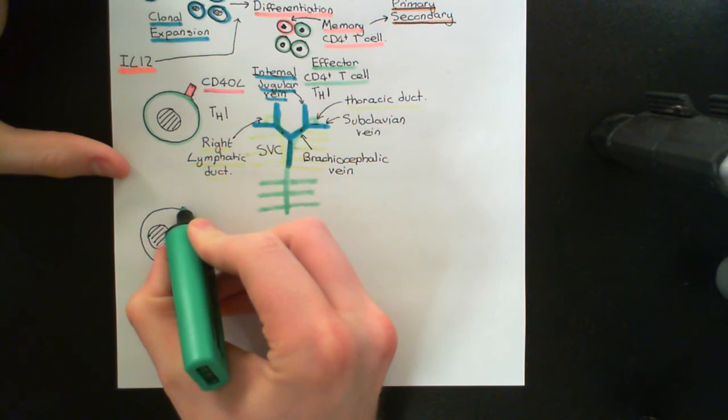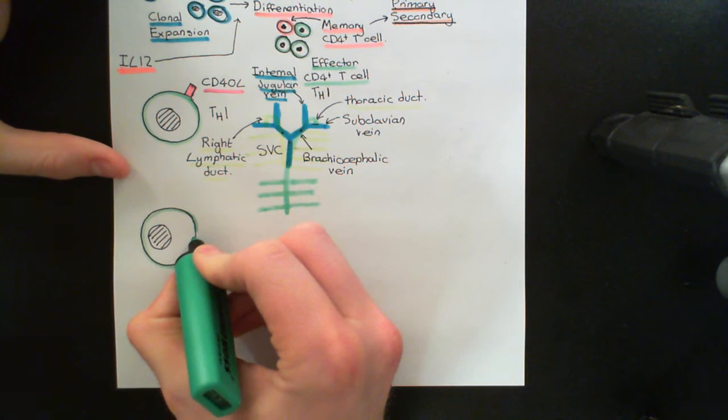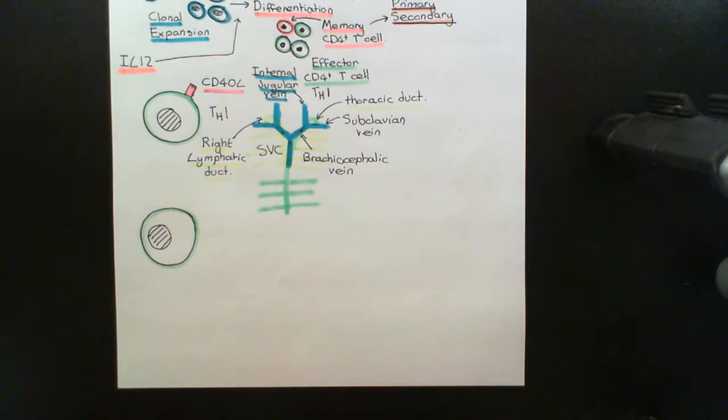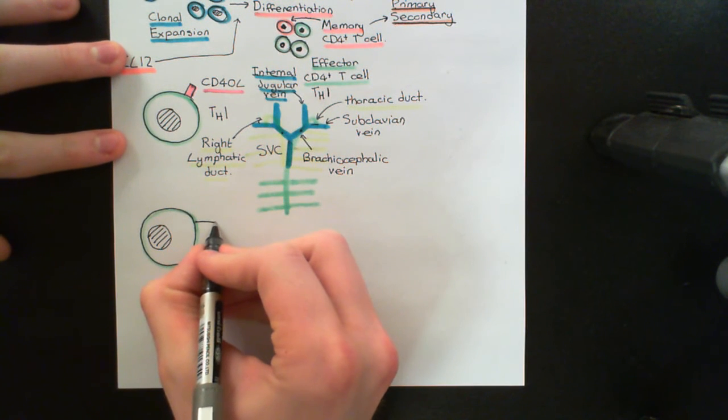Okay, so of course let's firstly just go over what's on the surface of the T helper 1 cell. So the T helper 1 cell has its specific T cell receptor, which can recognise and bind to MHC class II protein complexes with the specific antigen fragments that these cells are armed against, presented in the peptide binding groove. Okay, so let me put this here.